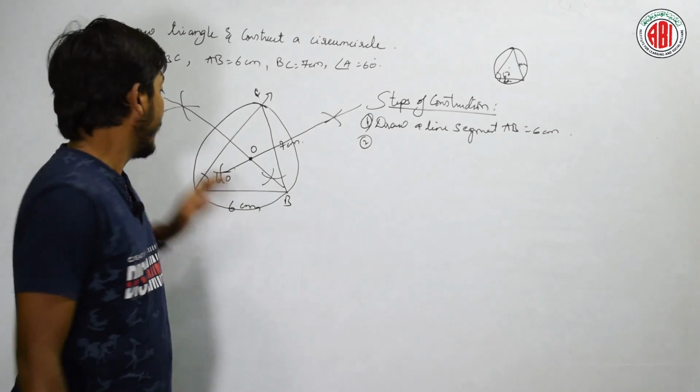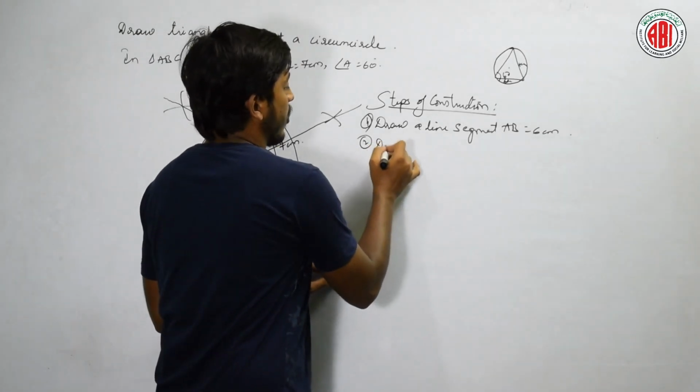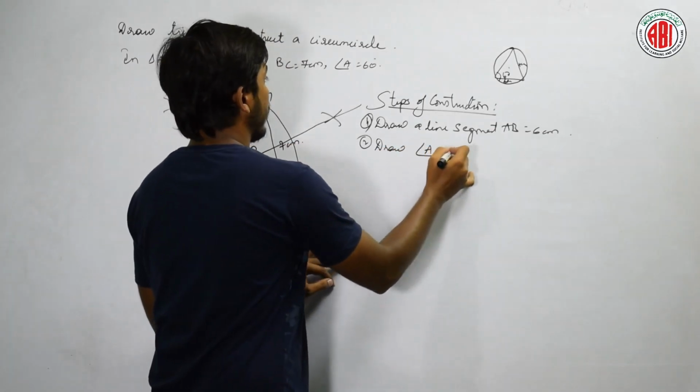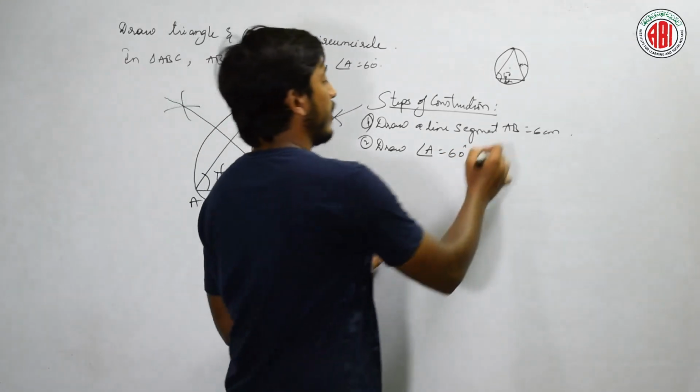Then draw angle A equal to 60 degrees, so that AC will be a ray.